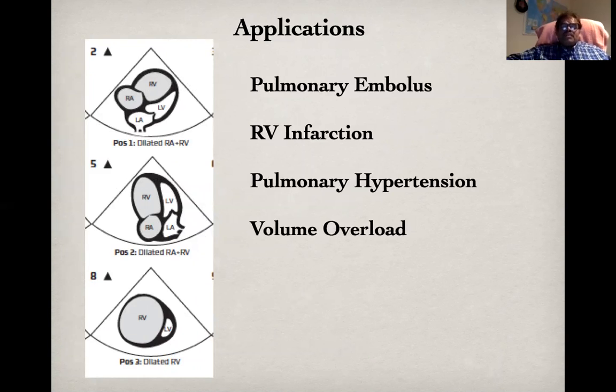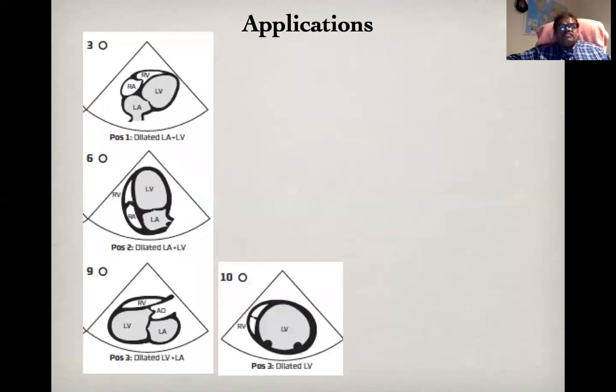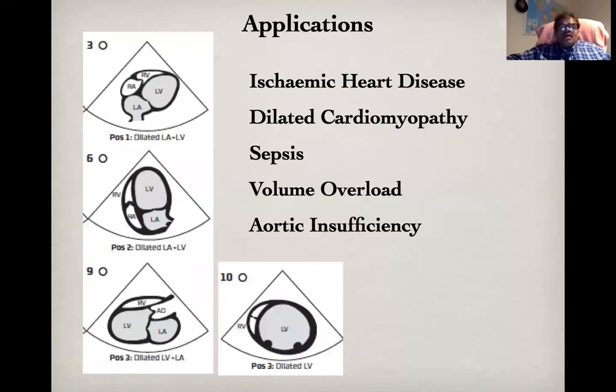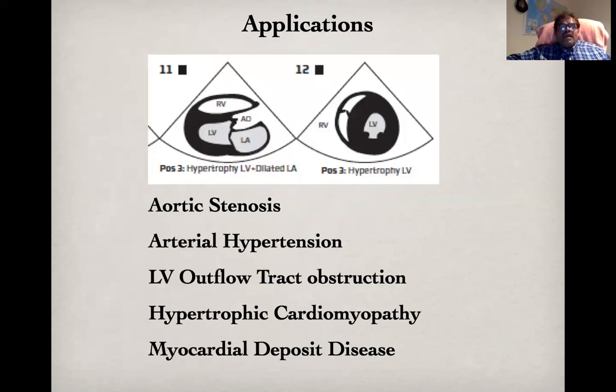Also in other situations like pulmonary embolism, right ventricular infarction, pulmonary hypertension, as well as volume overload, systolic function measurement, of the right ventricle as well as the left ventricle, is very important, and you have to use our FATE views. These are the various situations, and all of them are given in our new extended FATE card.